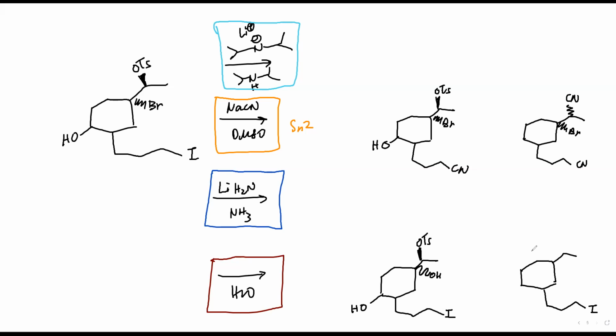Now, here's the interesting thing about this secondary cation, right? Do you think it will rearrange? So this is a really hard question, so it's okay if you guys don't get this.